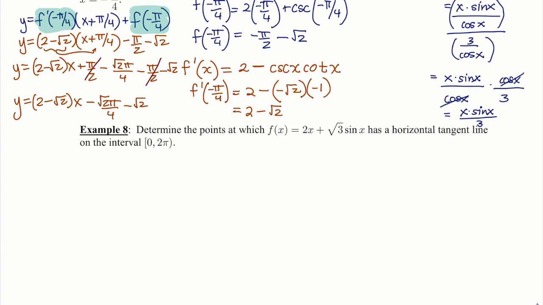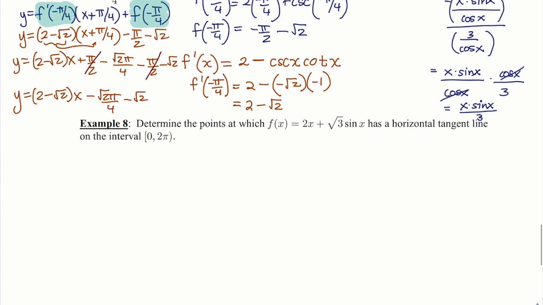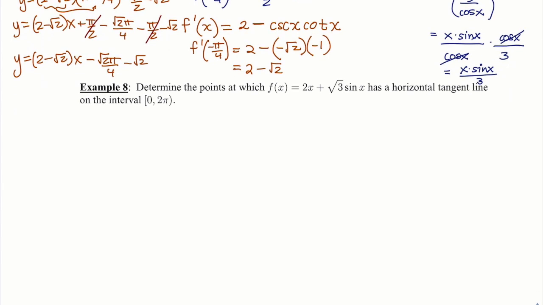All right, example 8, we want to find the points at which this function has a horizontal tangent line. And remember, horizontal tangent line means the slope of the tangent line is 0. And that means the derivative is 0 because the derivative represents the slope of the tangent line.